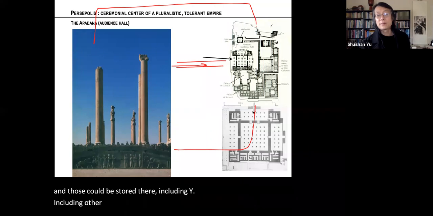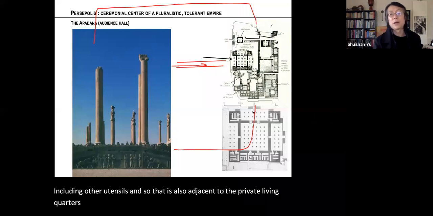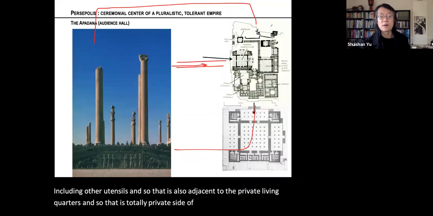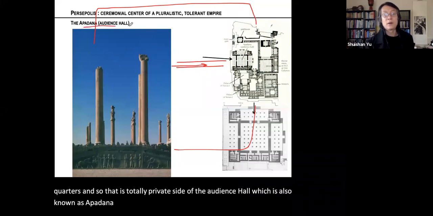And that is also adjacent to the private living quarters. So that is the totally private side of the audience hall, which is also known as the Apadana.